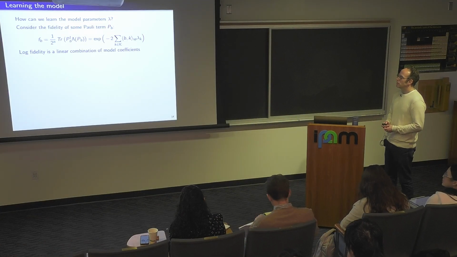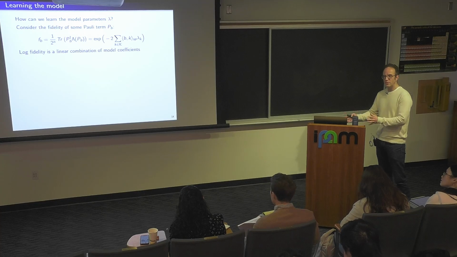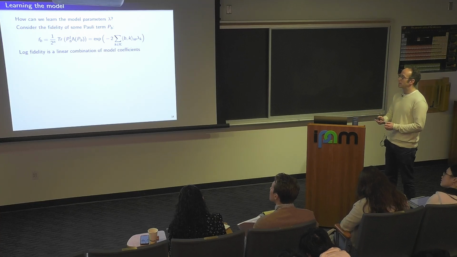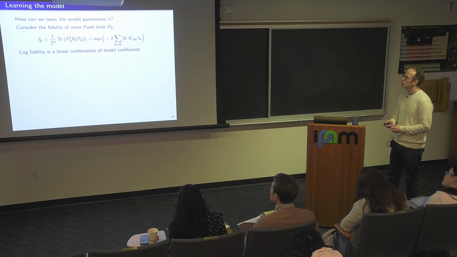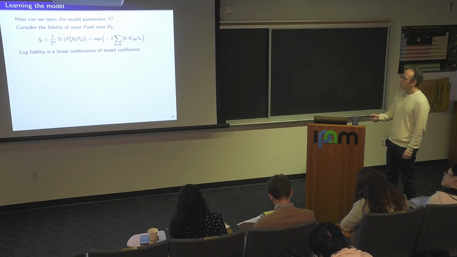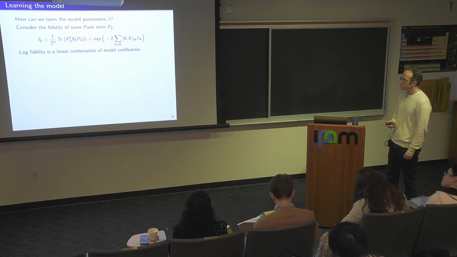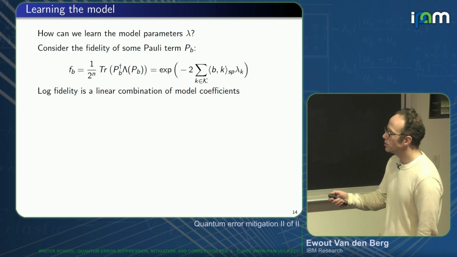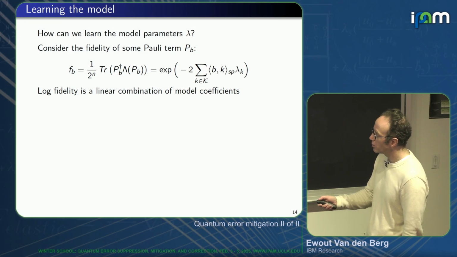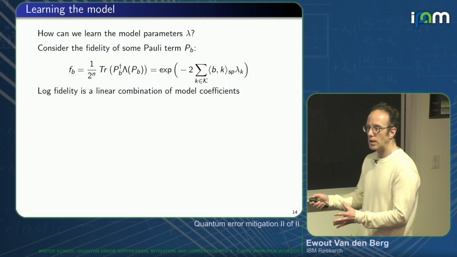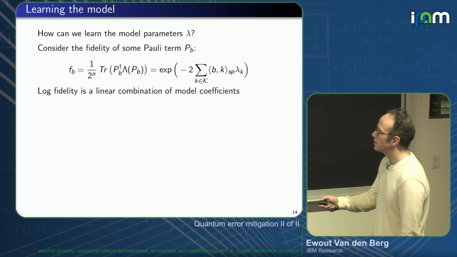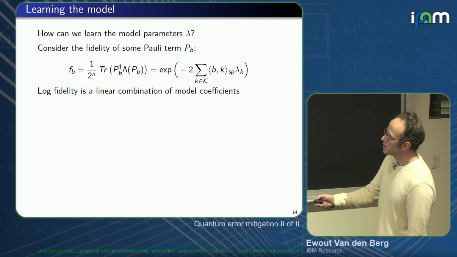Okay, so if I give you the set K, which Paulis to include, how do we learn the model parameters? And for this, what we do is we just look at the fidelity of some Pauli term under this noise model, right? So if lambda is the noise, what does this trace look like?